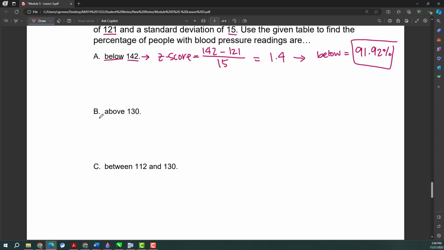Okay. So that one was easy because it was below. The next one is above, so we'll have to subtract from 100 to find what it is above. So 130 is our data item, so first we have to convert to a z-score. We take 130 minus 121 divided by 15, and we should get a z-score of 0.6.